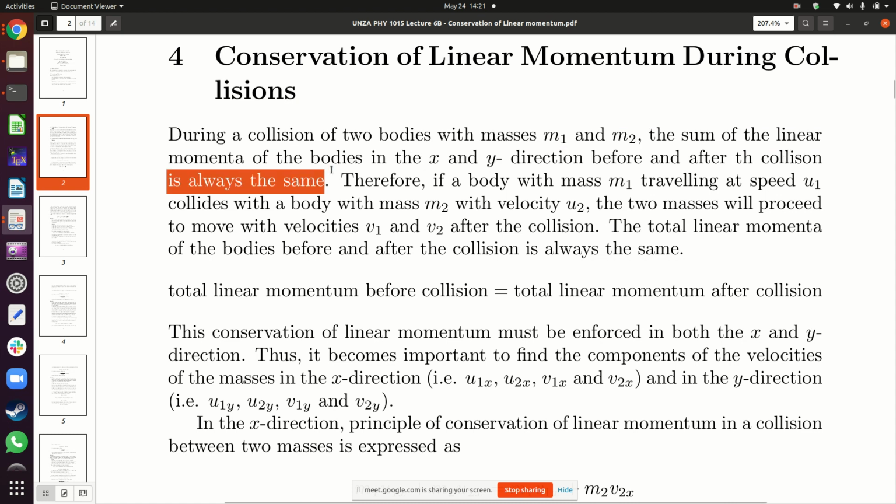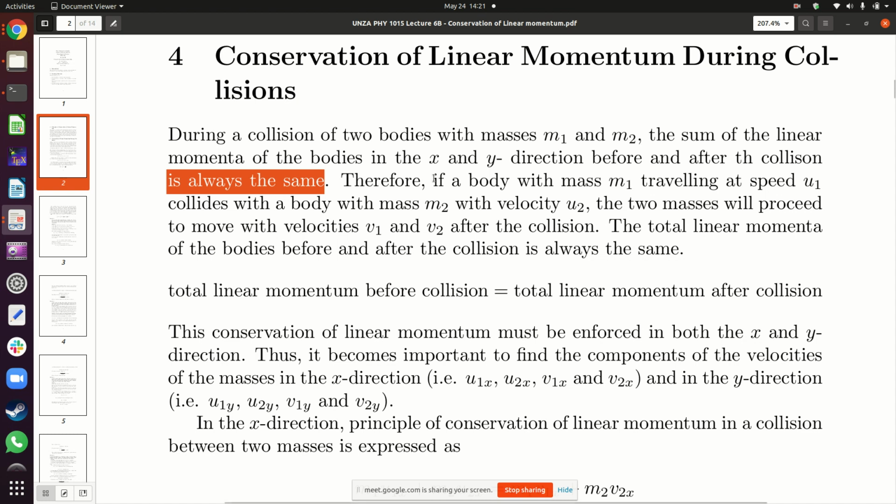So when you add the linear momentum of these objects along the x direction and along the y direction before and after they collide, the linear momentum should be the same.